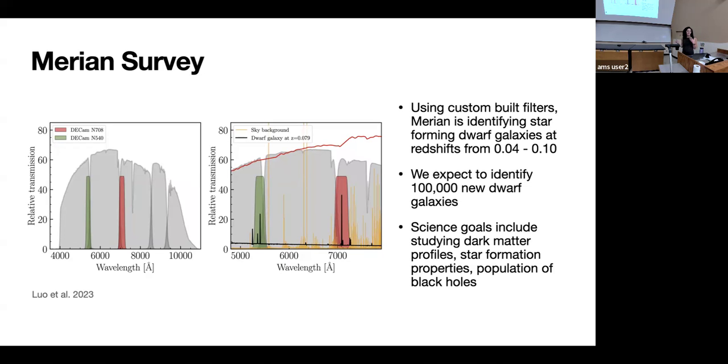So using these custom designed filters, we'll identify 100,000 new dwarf galaxies, which we can then use to study a host of different things, including the population of black holes. And so that's what Aaron Kimbrough will be working on next, is finding black holes in this large, complete sample of dwarf galaxies.